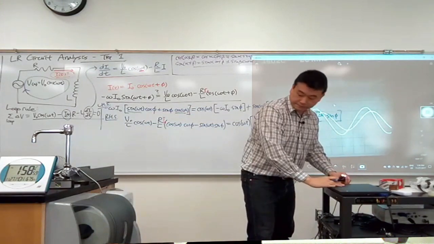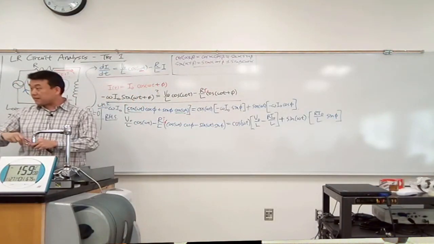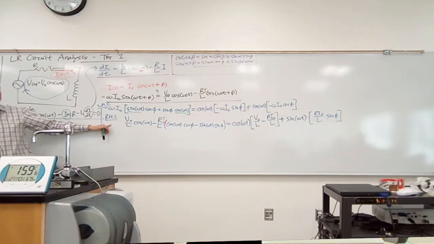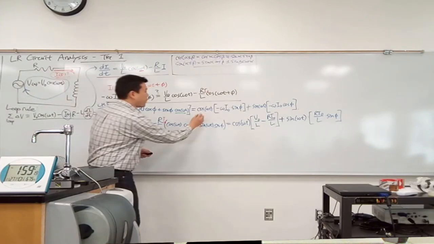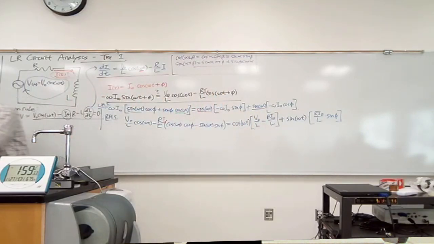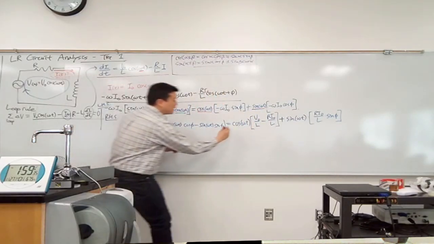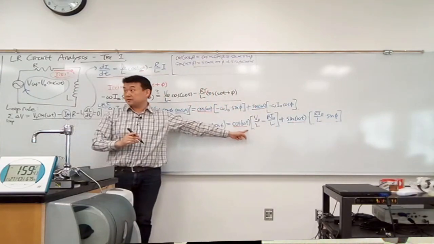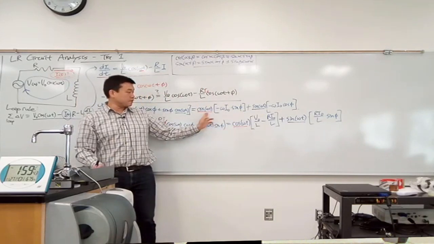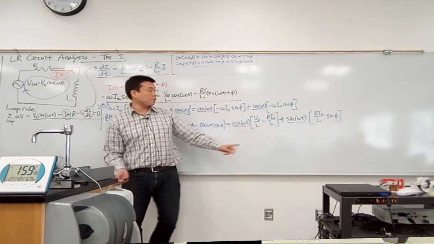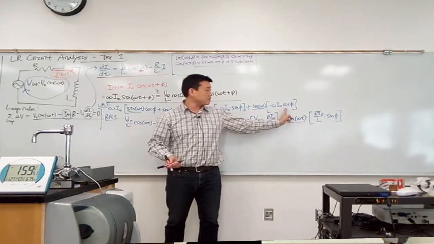All right. It's tedious, but it's mathematically doable. So left-hand side is equal to right-hand side. And for that to be true, left-hand side depends as a function of cosine of omega t and sine of omega t. And the argument that you would make here is that the only way this equality can hold for all values of time t is to say the coefficient for the cosine of omega t term must be exactly equal, and the coefficient for the sine of omega t term must be exactly equal.